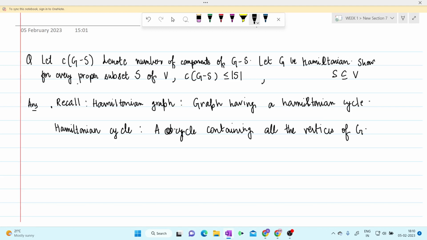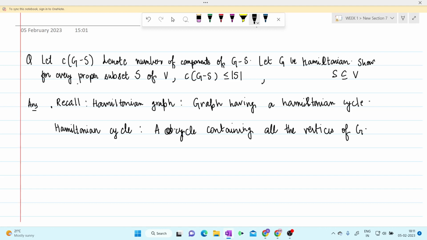Now the question is saying that if we are given a Hamiltonian graph, and we remove some vertices from it, suppose we are removing k vertices, then the number of connected components of the resultant graph after removal cannot be more than k. It has to be less than or equal to k.